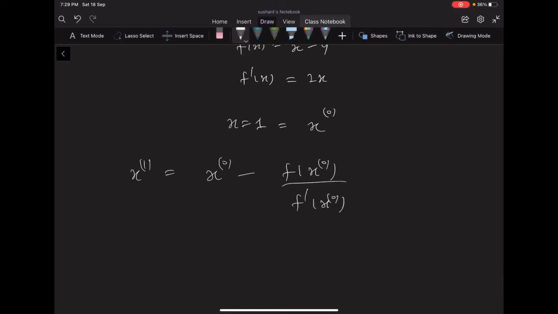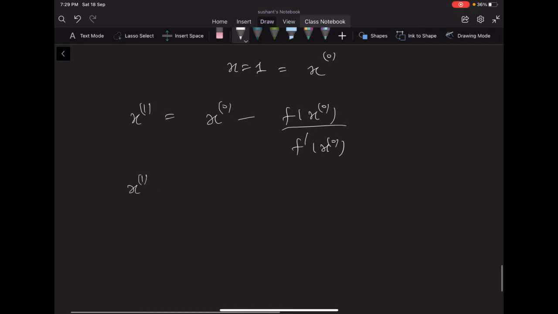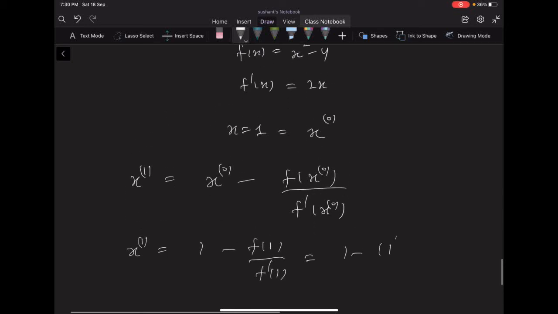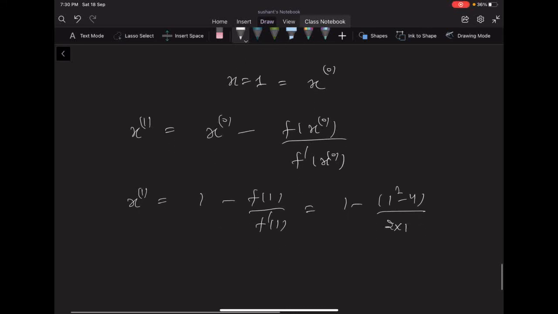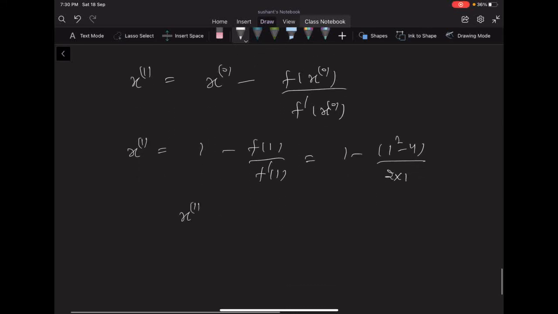So we will put the value of x0, which is equal to 1 minus f(1) upon f'(1). Now f(1) is 1 square minus 4 and f'(1) is 2 into 1. So x1 is equal to 1 minus (minus 3) upon 2.